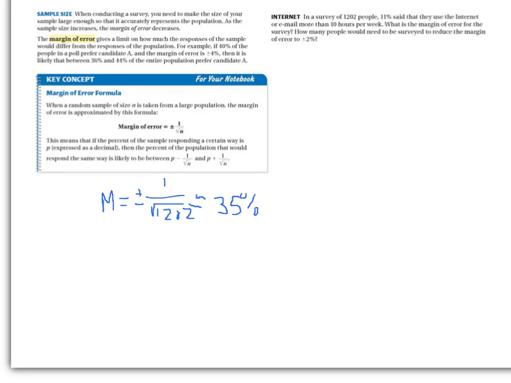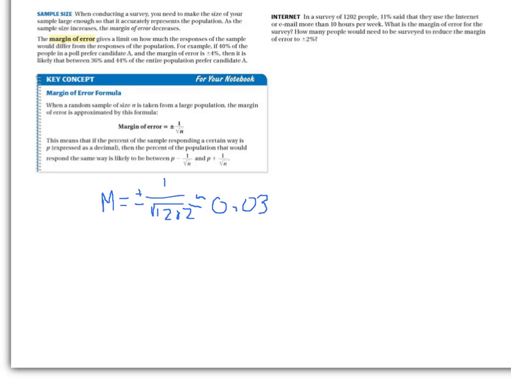Oh wait, that's just the square root, not 1 divided by that. I was going to say that's huge. Approximately 0.03. That's our margin of error. Okay.